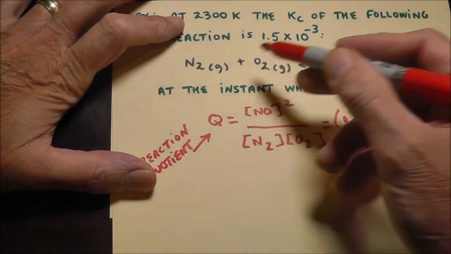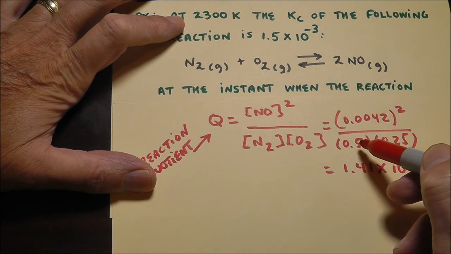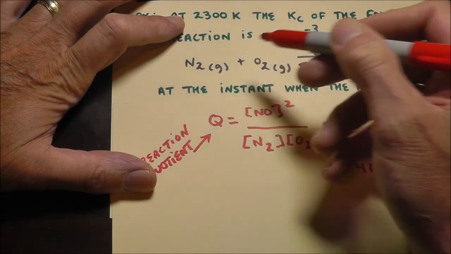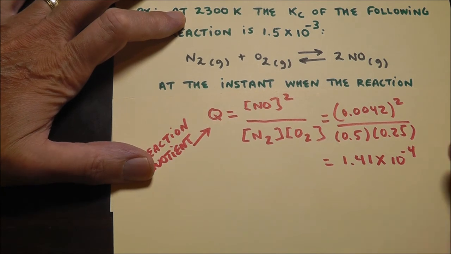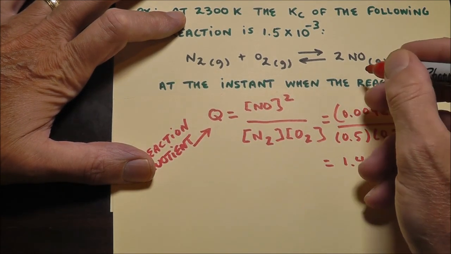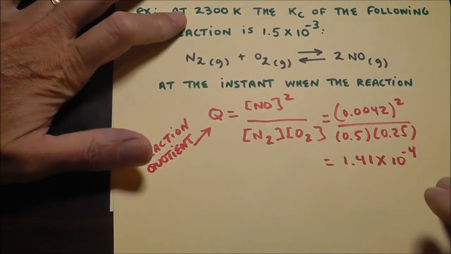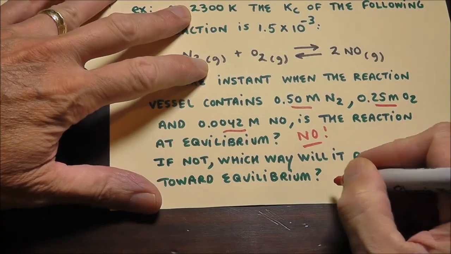If it went to the left, the opposite effect would happen, where the NO would get smaller and the denominators would get bigger, and that would make this smaller. So in order for this number to grow, we need the NO concentration to be greater. This means we are going to shift towards the products.